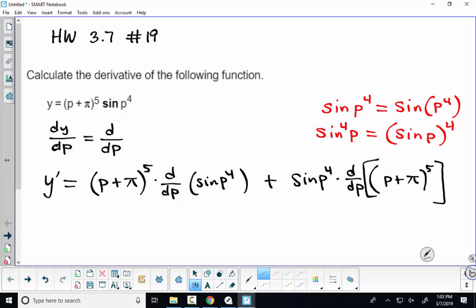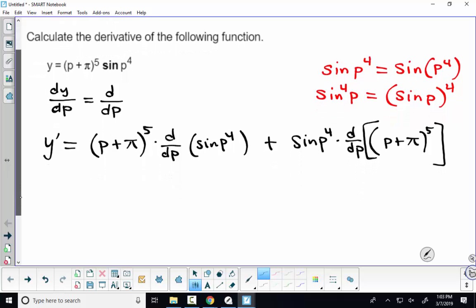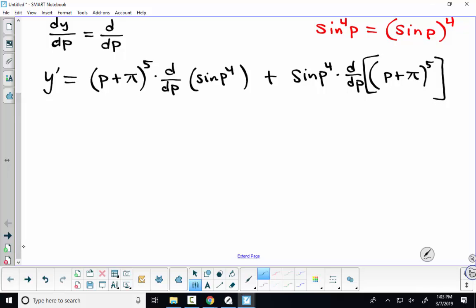Okay, so that's what the product rule tells us, to take the derivative that way. And then once you find these other derivatives that are showing up from the formula, you're done with taking your derivatives. So separately, off to the side, we've got to compute the derivative of sine p to the fourth and p plus pi to the fifth.